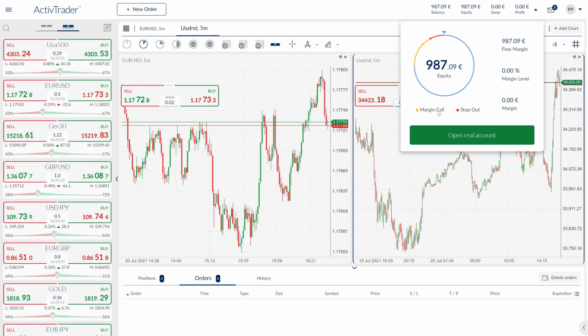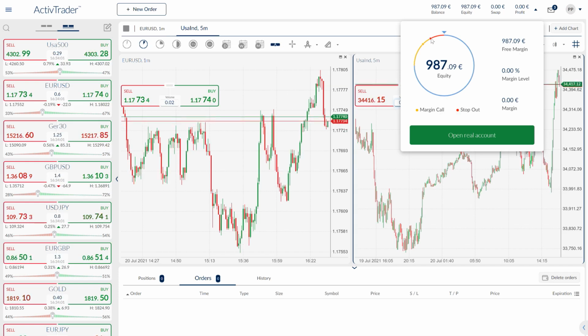Okay, the margin call is the level at which the broker will start sending emails to tell you, you need to send some money to the account, otherwise we're going to stop you out, which is the level at which the broker closes all your positions and terminates the account. Okay, so margin call in here is, upon volatility conditions, they will start closing some of your positions at the margin call level in here.